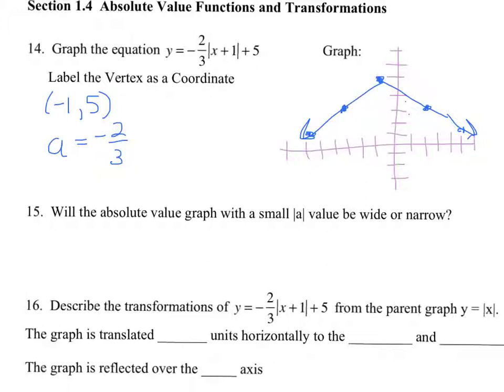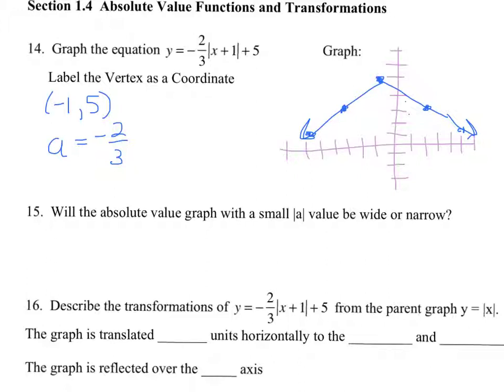So the question is, for number 15, will the absolute value graph with a small absolute value of a value be wide or narrow? So if I have a small value in between 0 and 1, like negative 2/3, will I have a wide graph or will I have a narrow graph?